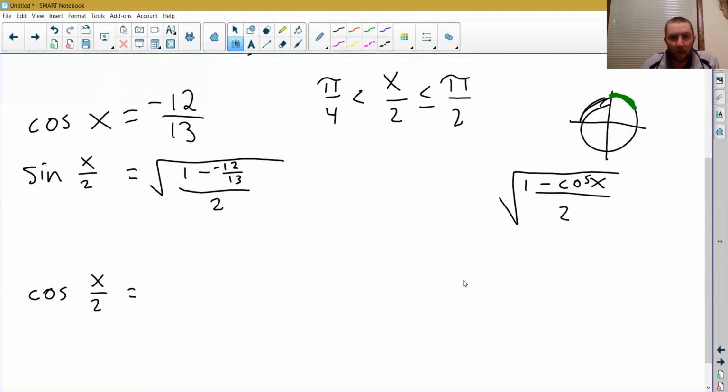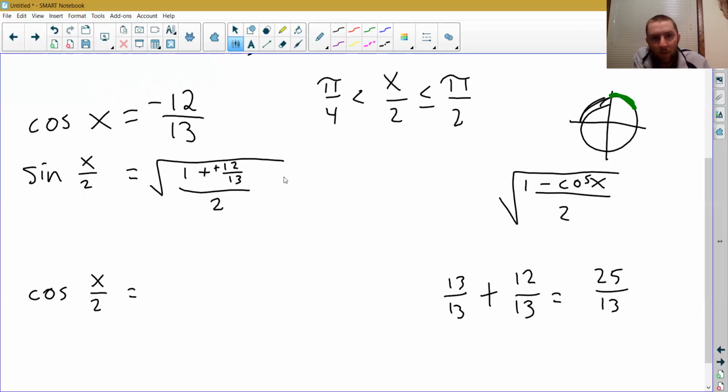So I'm using that idea here, and now I'm just going to simplify whatever's under that square root. The first thing I notice is that I'm subtracting a negative fraction, which means I actually need to go positive, positive. So 1 plus 12 over 13 is the first thing I need to do. That's equal to, well, 1 becomes 13 over 13, so it becomes 25 over 13.